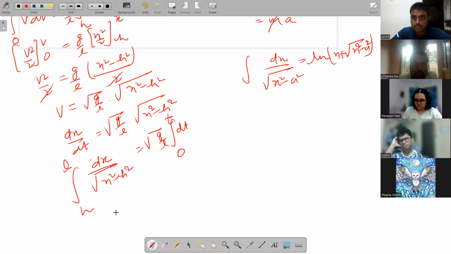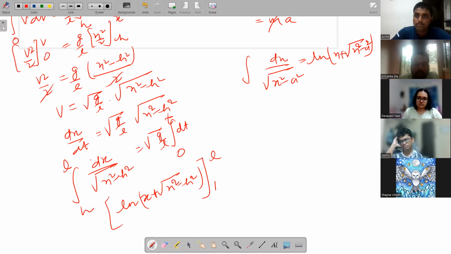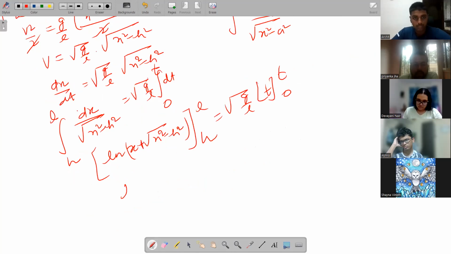So this is ln x plus under root x square minus h square, and then put the upper and lower limits. This is under root g by L into the integration of dt, which is t, upper limit t, lower limit 0. Put the upper limit: ln L plus under root L square minus h square, minus, put h, this is ln h. h square minus h square is 0, it will become 0.